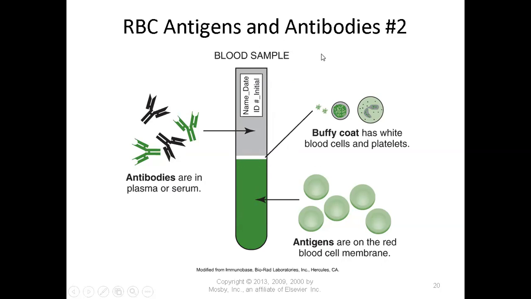One other thing I do want to mention: it is possible for us to use serum from a tube of blood like a plain red top tube. In that case, we would have a clot with the cells on the bottom, and we would separate the serum from that. It's a little bit more challenging.